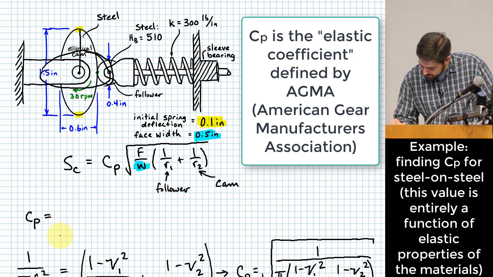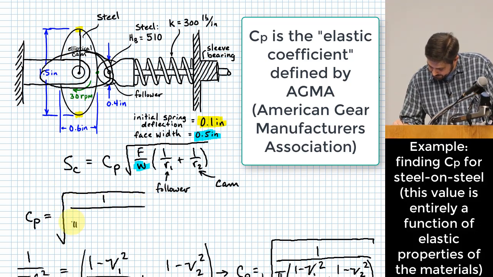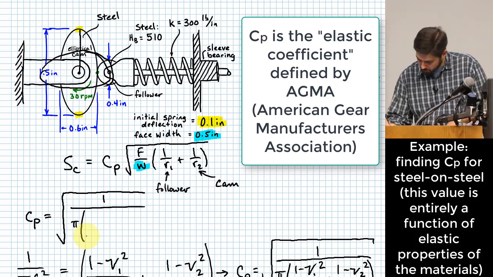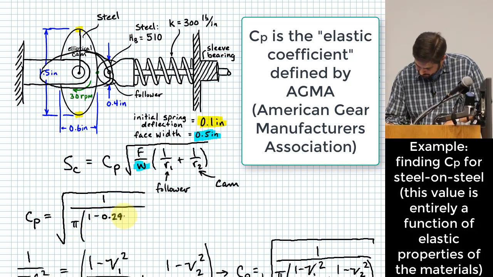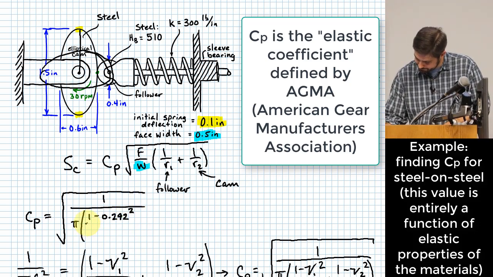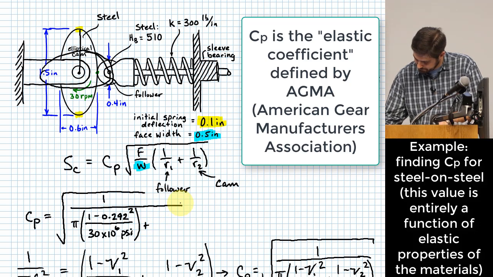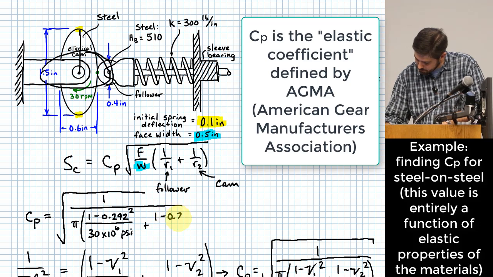It's just going to be equal to the square root of 1 over pi times 1 minus the Poisson's ratio for steel that we have in the back of this book, which is 0.292, squared, divided by 30 times 10 to the 6th psi, plus 1 minus 0.292 squared over 30 times 10 to the 6th psi.